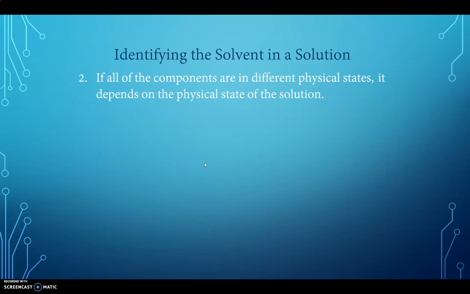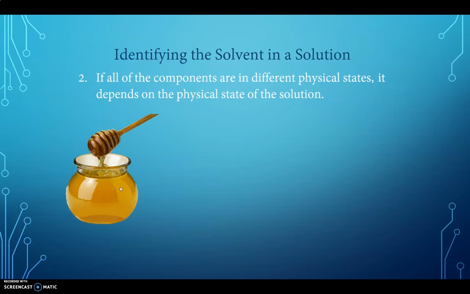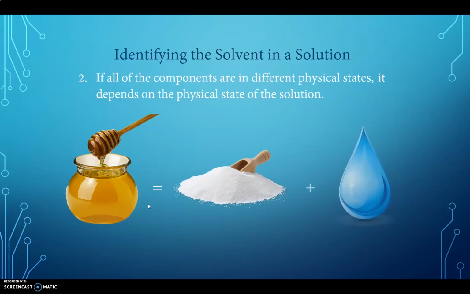The second thing we need to consider is what happens if the components are in different physical states. Say you have a solid and a liquid, or a liquid and a gas. In that case, we don't go by the amount. Instead, we look at the physical state of the solution. Honey, for example, is a solution that consists mainly of sugar and water. In honey, you have about 85% solid sugar and only 15% liquid water.